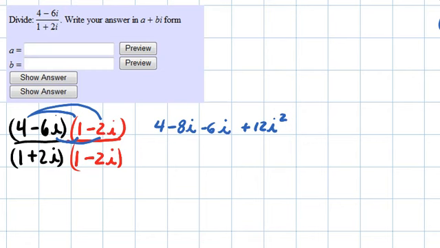And then, on the bottom, the reason we multiply by the conjugate is because the middle term is going to drop out, and we're not going to have any imaginary numbers on the bottom. So when we multiply there, we're going to have 1 times 1 is 1. And we're going to have 1 times a minus 2i is minus 2i, but in the next step we're going to have 1 times 2i, so that's plus 2i.